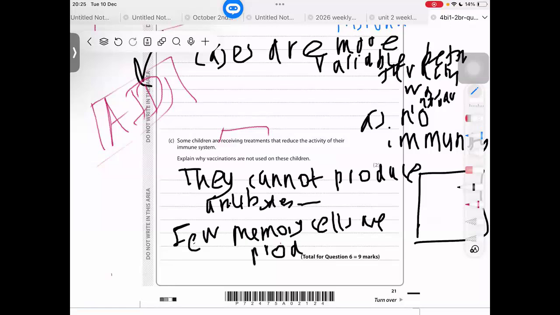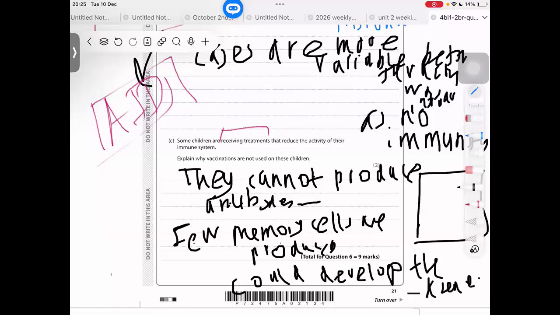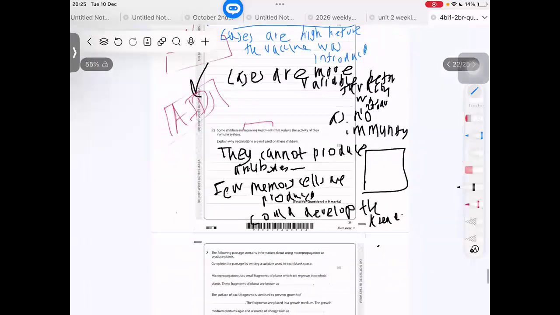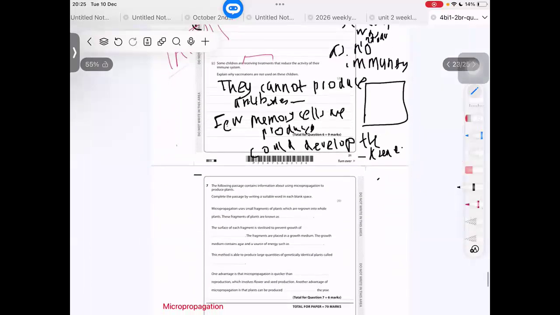That is another point. And they could develop the disease. If we administer the weakened COVID-19 to them, even though it's weakened for us, it's very strong for them, so they could get COVID-19. If you have written any two of these three points, you can get the marks.